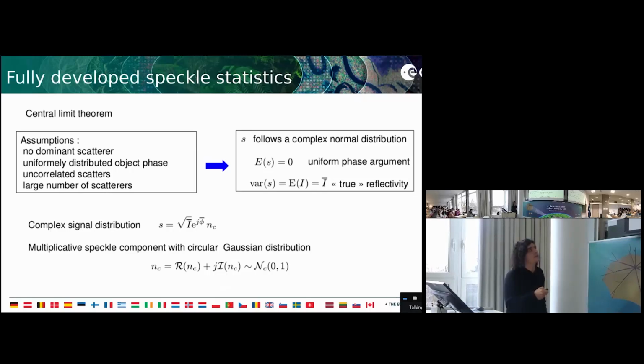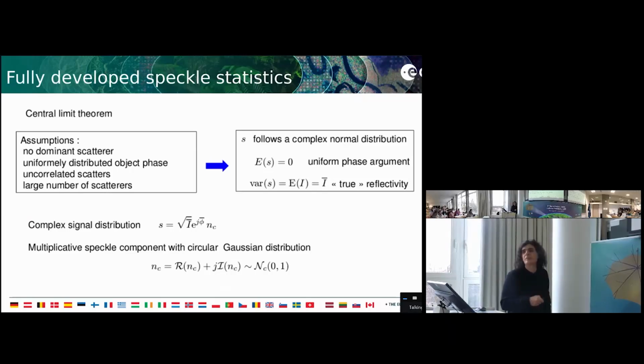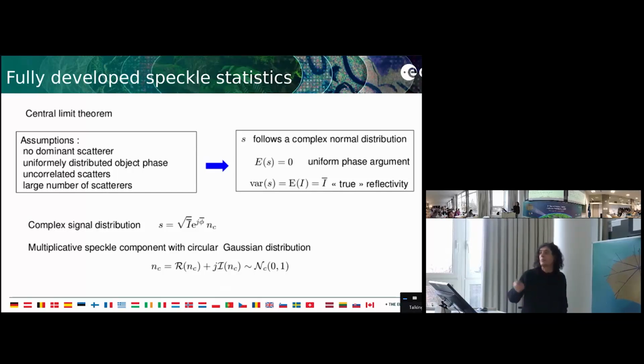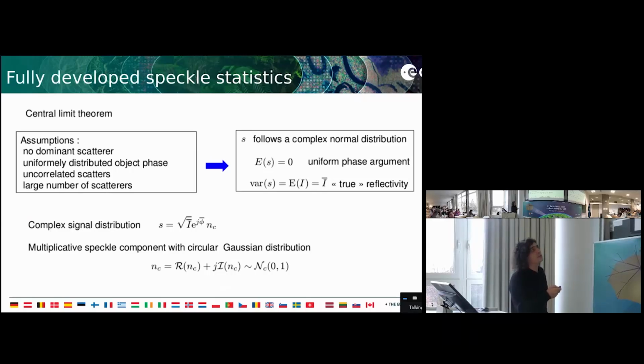In this term, I have the true intensity of my environment, and I have the mean phase of my environment, the one I would like to use when I perform interferometry. So the information you want to retrieve is in your response, but it is affected by a multiplicative noise.